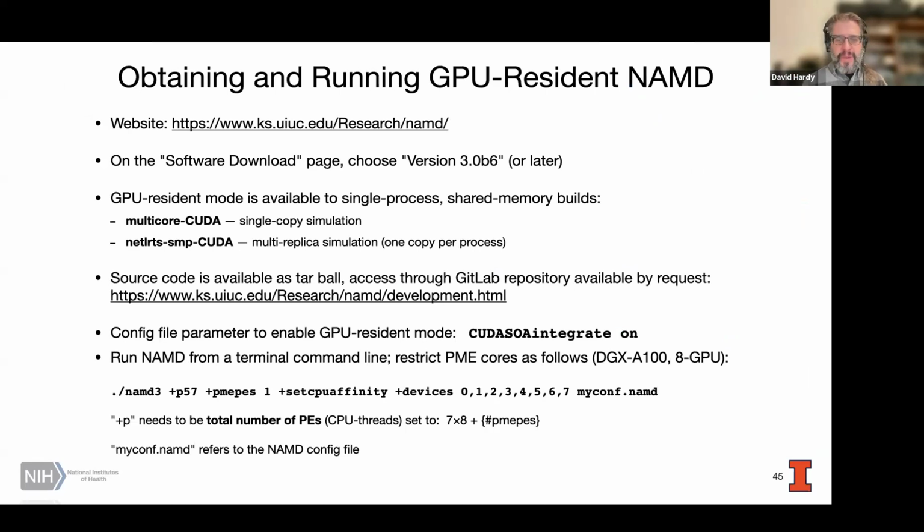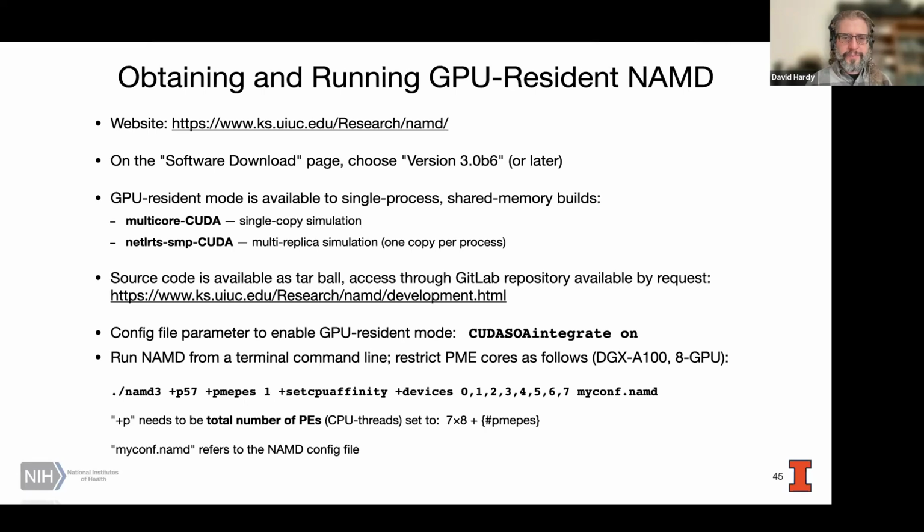So here I just want to conclude by showing you how to obtain and run GPU resident NAMD. And so you can go to the NAMD website and then go to the software download page where you'll want to choose version 3.0 beta 6, or later whenever we finish all the details involved with the final release.